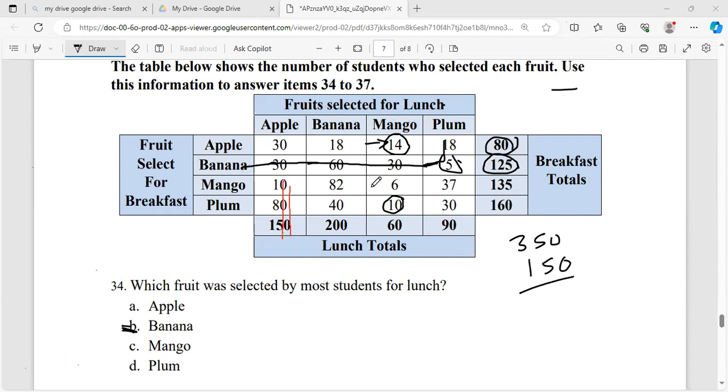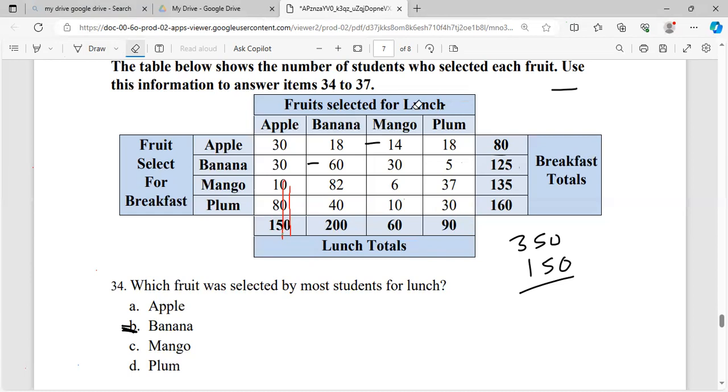Someone in the chat said they don't understand where the two of them intersect. Alright, what part of it? You understand the difference between the breakfast and the lunch? That's the heading. If they say fruit selected for lunch, these are the lunch menu: apple, banana, mango, plum.